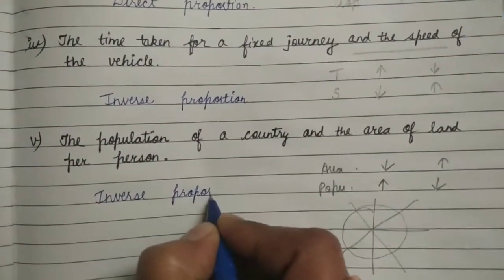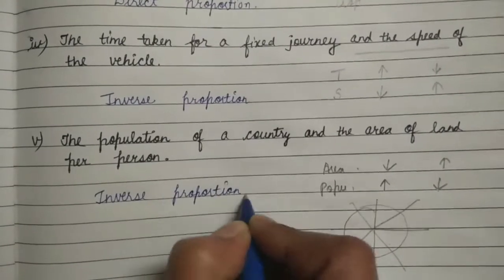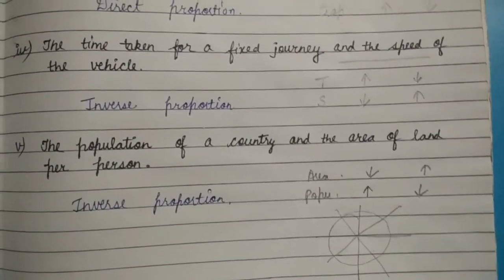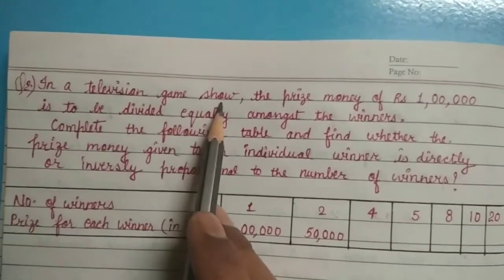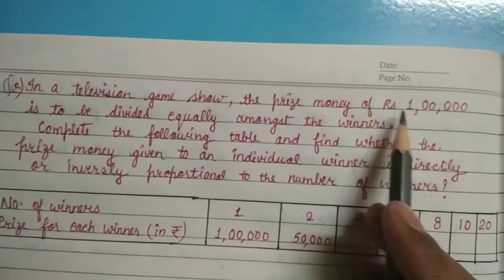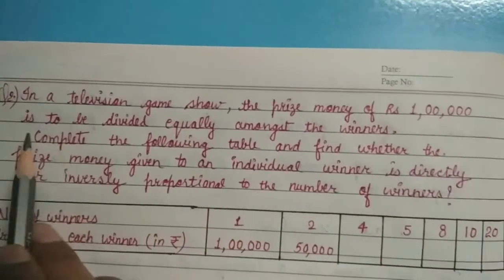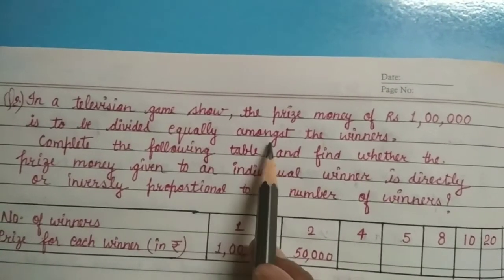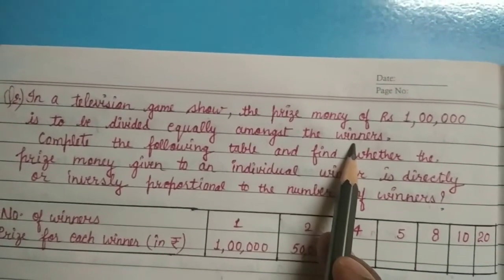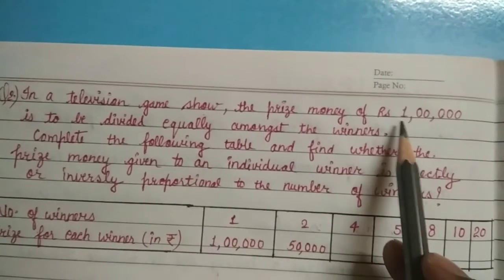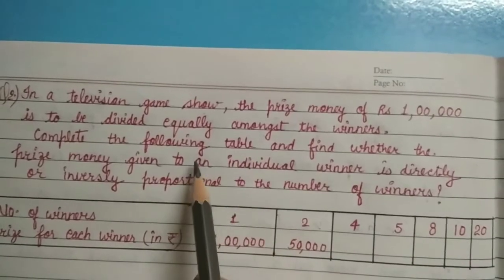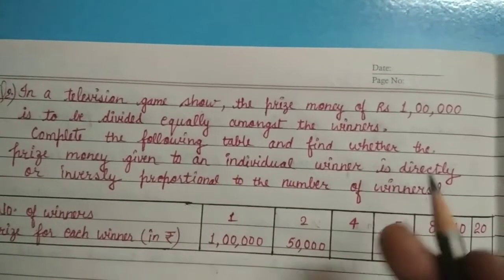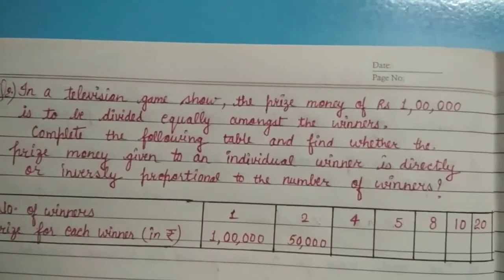Now we have completed the first question of exercise 13.2. Second question: in a television game show, the prize money of rupees 1 lakh is to be divided equally amongst the winners. This 1 lakh is divided among the number of winners, which may increase or decrease.